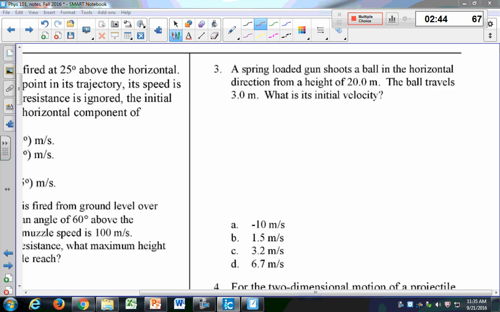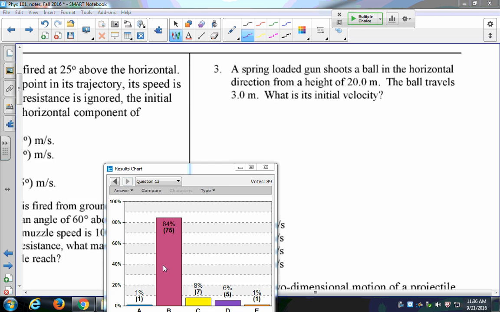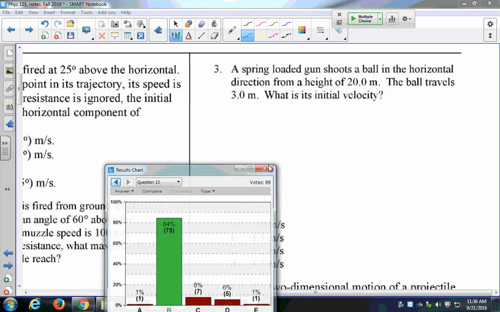Stop at, say, 255. I'll go on to 3. Just guess if you don't know. Stopping at 3. Okay, good. B is right.